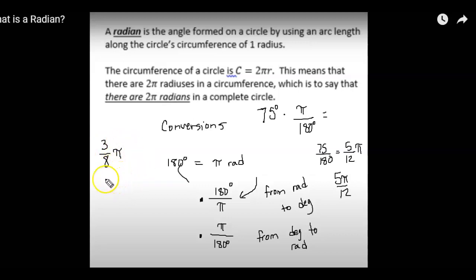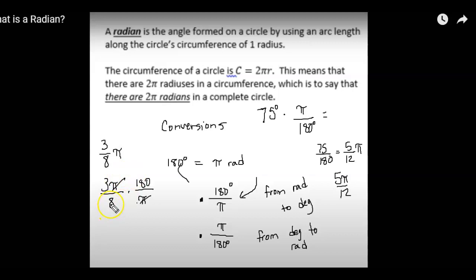If I happen to have 3/8 pi, or 3 pi over 8, and I want to know what that is in degrees, I'm going to multiply it by 180 over pi. Well, notice what happens when we multiply those. The pi's actually cancel out. So here's another reason that we like to keep the radians in pi form, because the pi's easily cancel out, whereas with decimals, not so much.